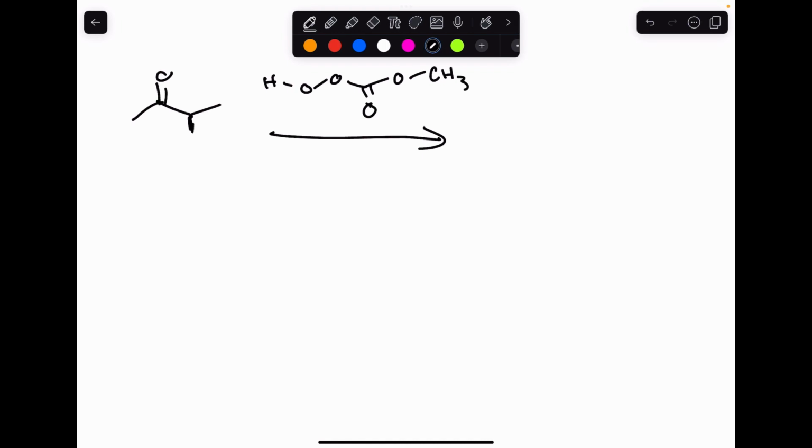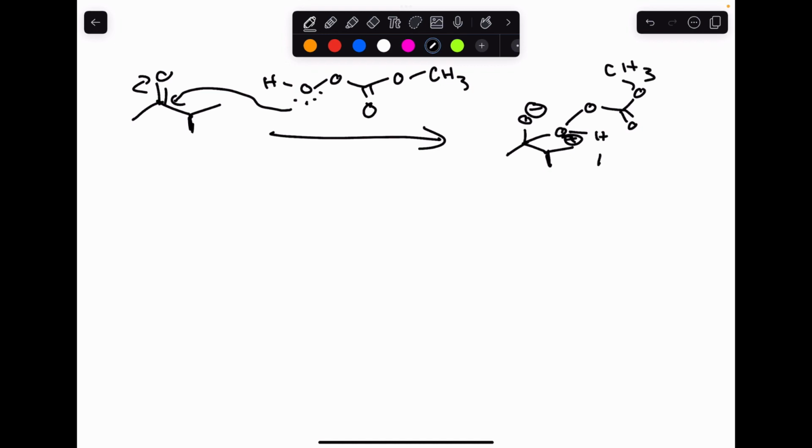So, the first step is this oxygen attacks the double bond and makes this into an oxyanion. Now this results in this structure where we have a plus charge and a negative charge.